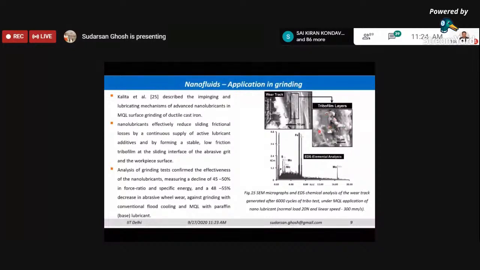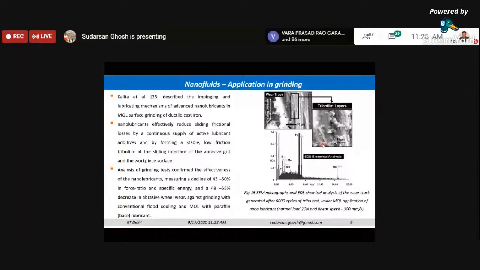So some molybdenum oxide layers, which are tribofilm layers, get formed on the surface. In between the two mating surfaces you have this tribofilm, and because of this tribofilm, it has been observed that as you increase the time duration of the wear test experiment, the friction coefficient has gradually decreased.